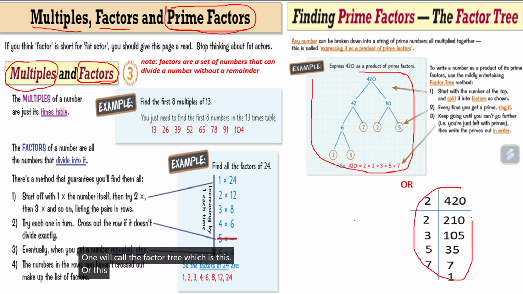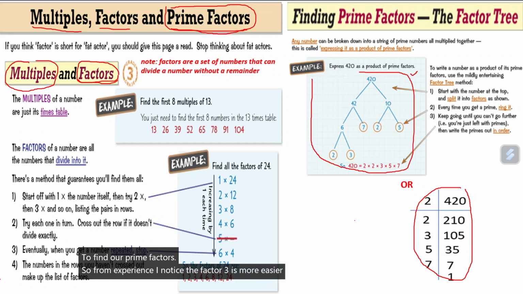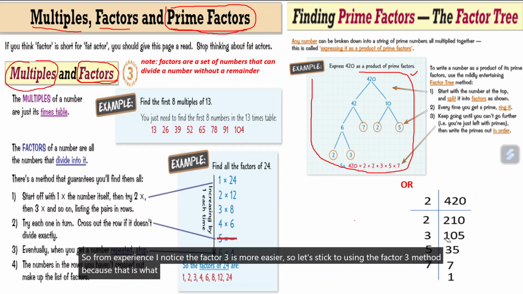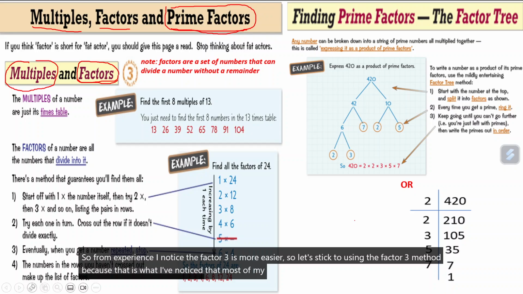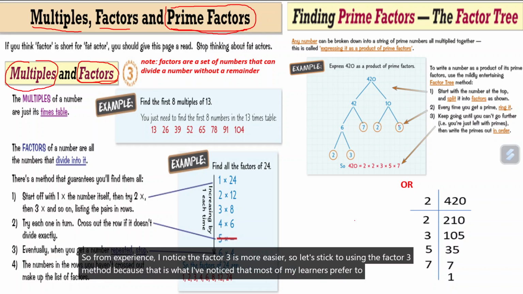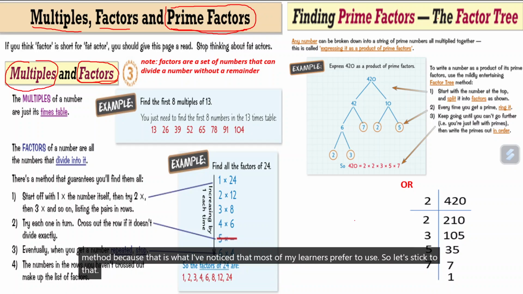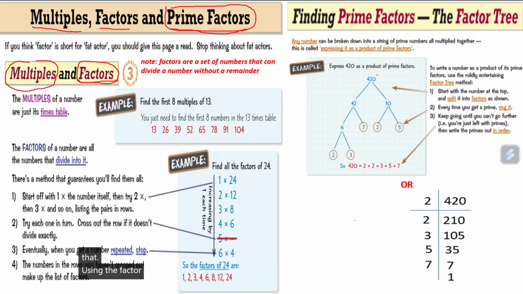These are the two common methods to find our prime factors. From experience, I notice the factor tree is easier, so let's stick to using the factor tree method, because that is what most of my learners prefer to use. So what's the factor tree?